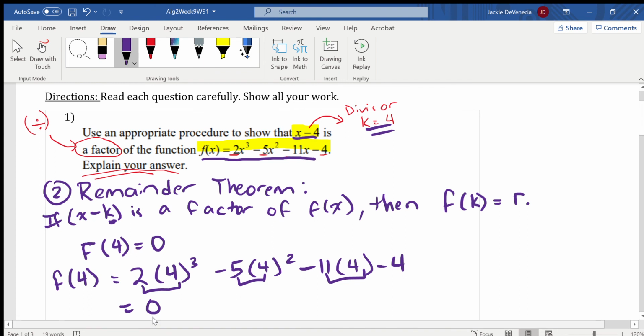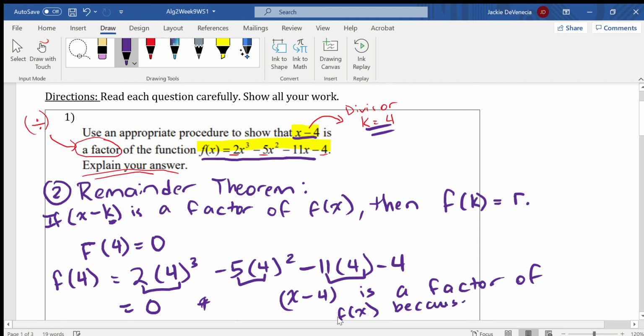So because you plugged it in, all of this, and you should check it, and you have a 0, then you can say x minus 4 is a factor of f of x because of the remainder theorem.